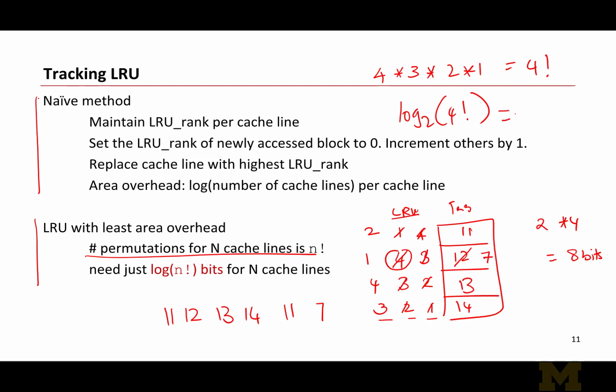So 4 factorial would be 4 times 3, that's 12. 12 times 2 is 24. So log to the base 2 of 24, that would be approximately, if I round it off to the nearest integer, 5 bits. So with 5 bits I can implement an LRU policy for a cache with 4 cache lines. The 5 bits is smaller than 8 bits, but it can also be a bit more challenging to maintain the state machine to maneuver through these 2 to the power of 5 different possibilities.